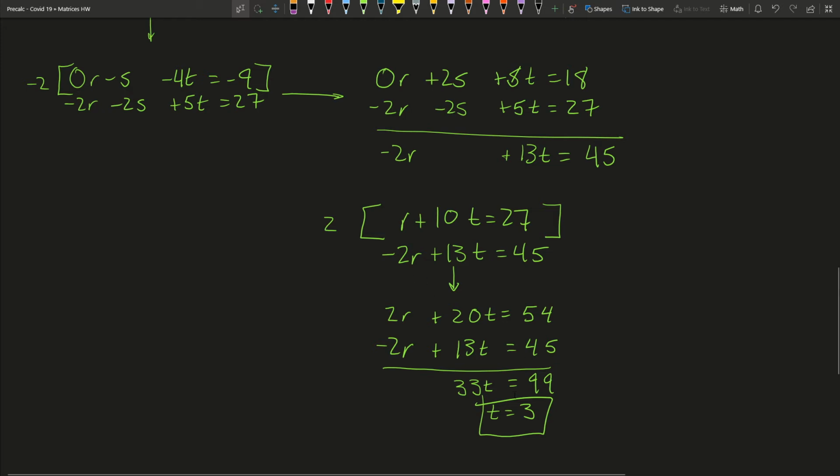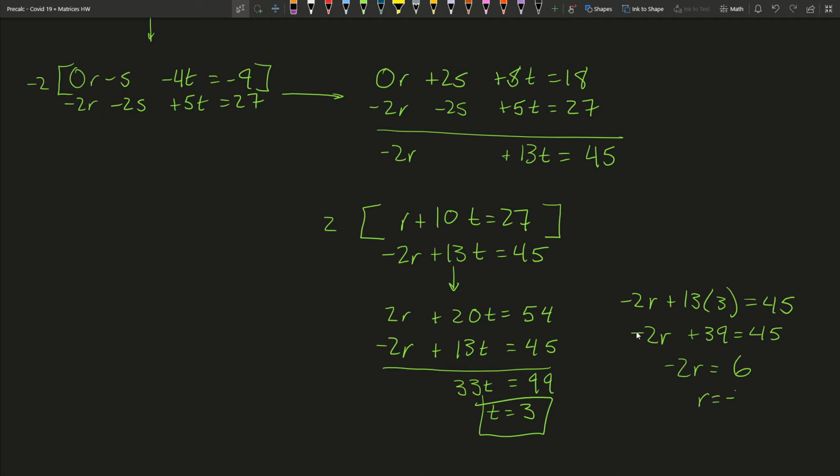After that, we just plug this into one of our system of two equations. So I'll pick the top one, and then solve for r. And then once we solve for t and r, we plug both of those into one of the original three.